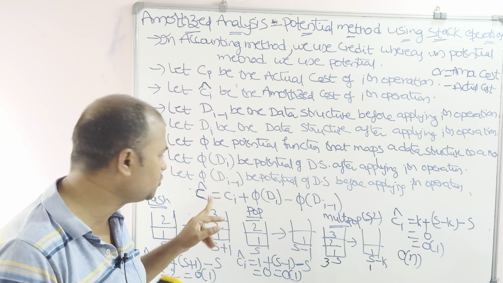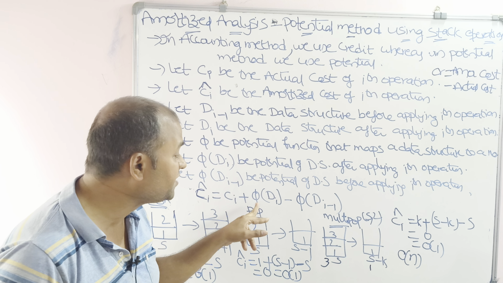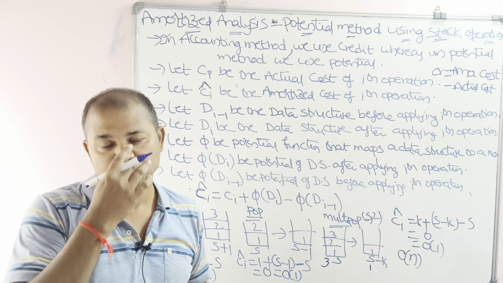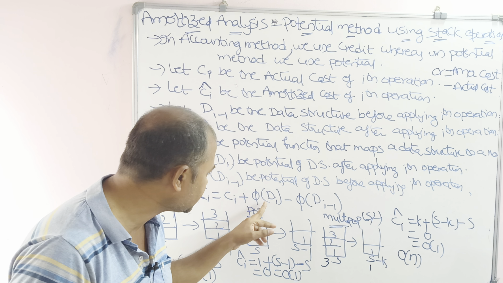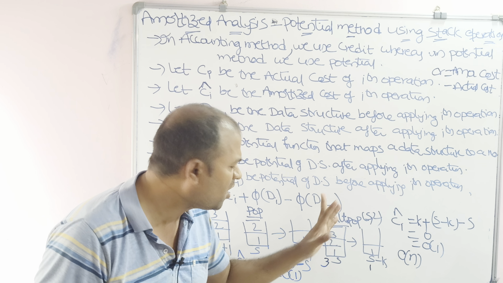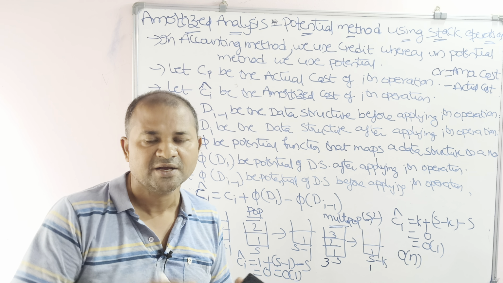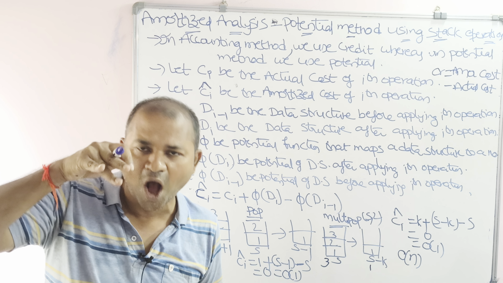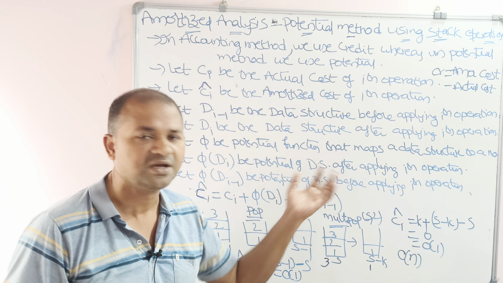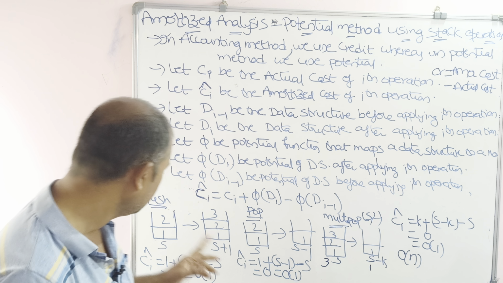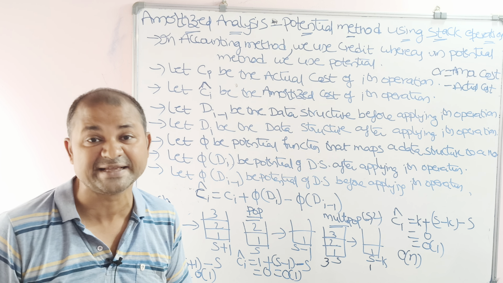So Ci bar equals Ci, the actual cost, plus, in place of credit, the potential. For calculating the potential we have to subtract pi of Di minus pi of Di minus 1, the potential change. So what is pi of Di? It is the potential of the data structure after applying the ith operation minus the potential of the data structure before applying the ith operation. So first let us calculate the push operation amortized cost.